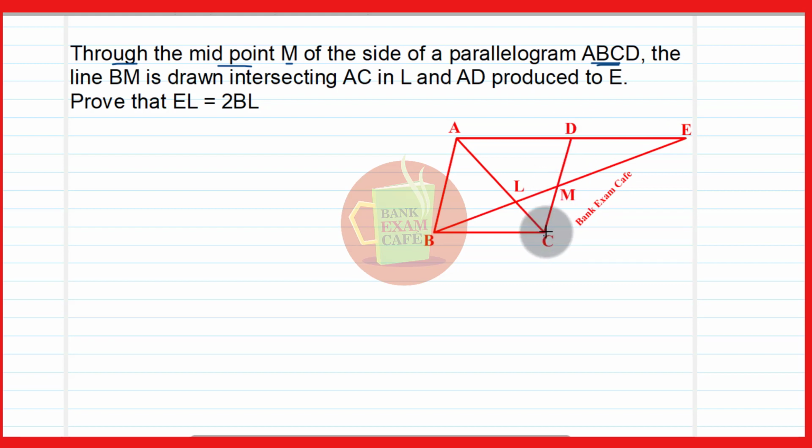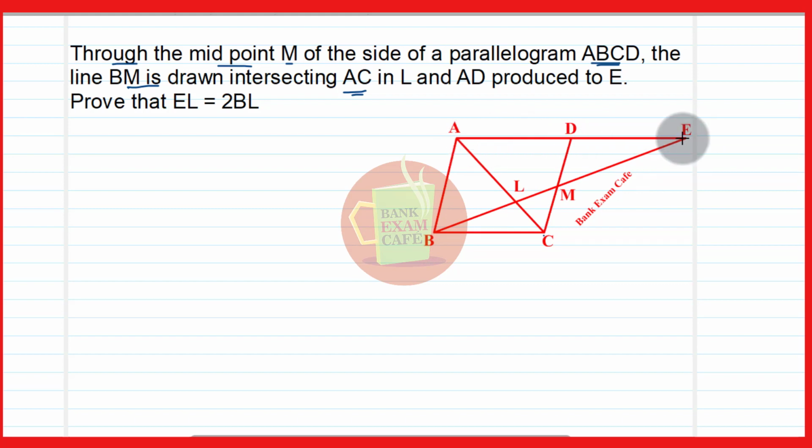The line BM is drawn intersecting AC at point L, and AD is produced such that it meets BM, if produced, at point E.